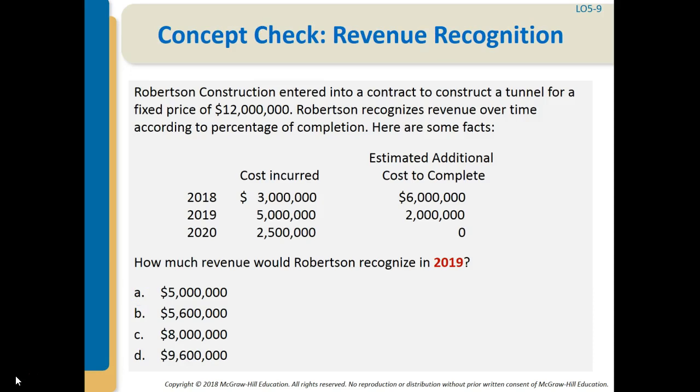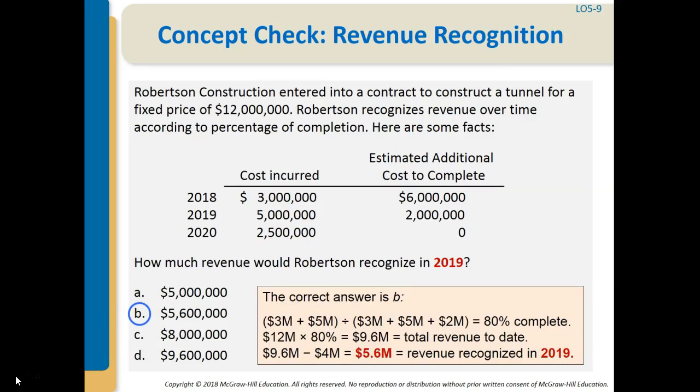How much revenue would Robertson then recognize in 2019? So in this scenario, we would show $5,600,000. We would take the $3 million from 2018 and the $5 million from 2019, which is $8 million. We'd divide that by the 3 plus the 5 plus the additional $2 million estimated to complete.